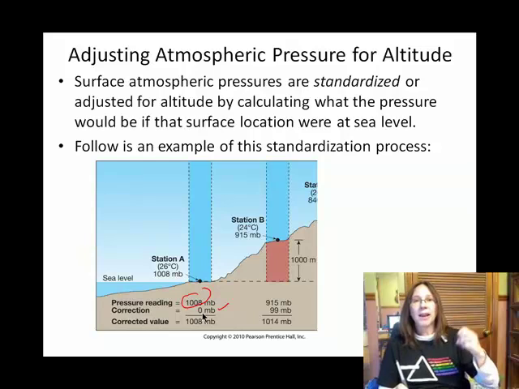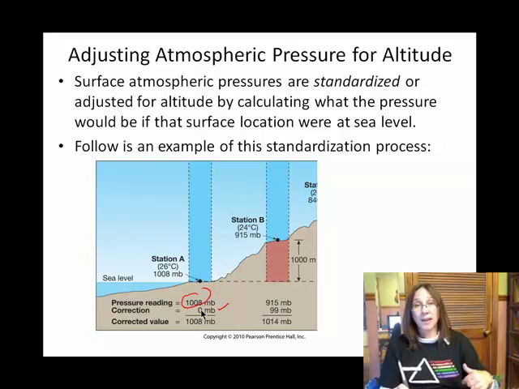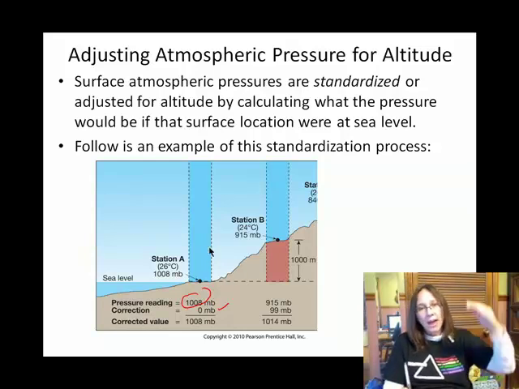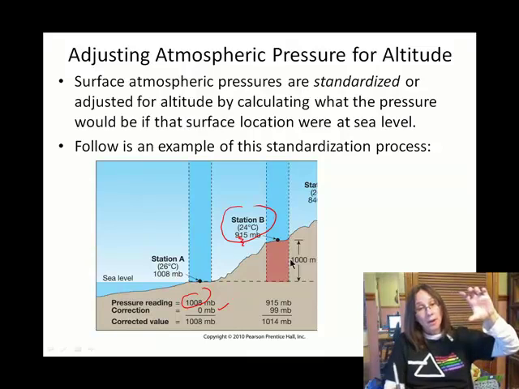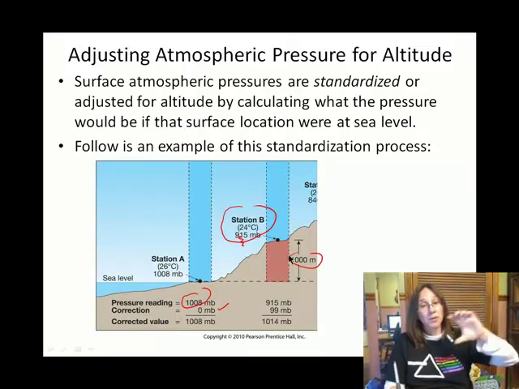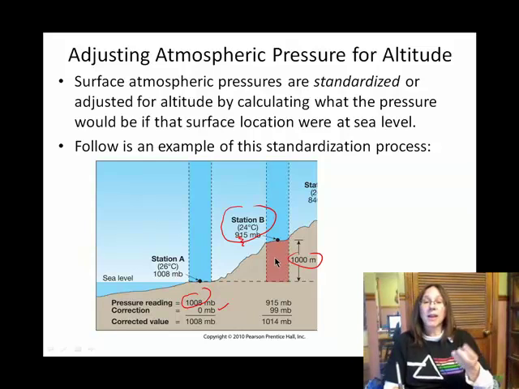If you printed off the slides, you might not have this slide. You have the slide on the next page. But this is a figure from the previous edition of this textbook, and it has 3 examples. Here we have a barometer reading the pressure at an upper elevation, 1,000 meters above sea level, and not so surprising, that barometer is telling us that the atmospheric pressure is 915 millibars.